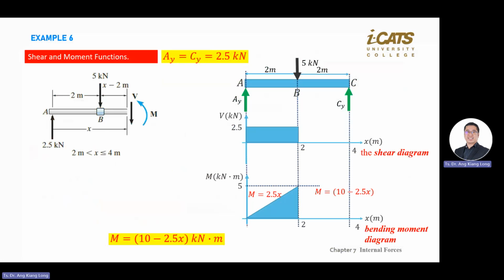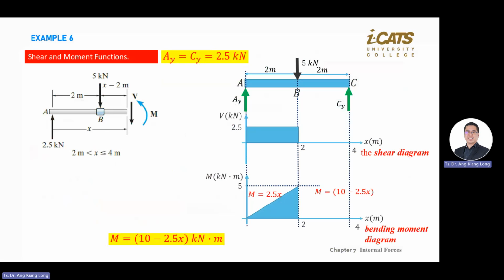You ignore this one first. Leslie's question is why there's no equal sign here? Because we don't want to be influenced by the point load, because at 2 meter there is one point load.